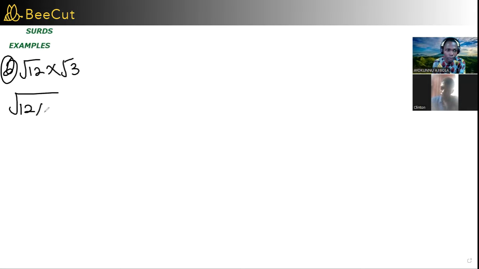Example 6, we have root 12 times root 3. This is obviously root 12 times 3. That's obviously root 36, which is 6.